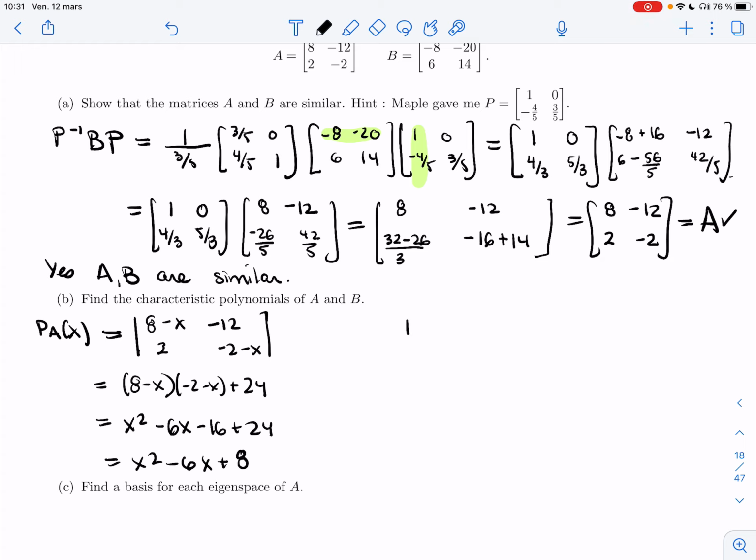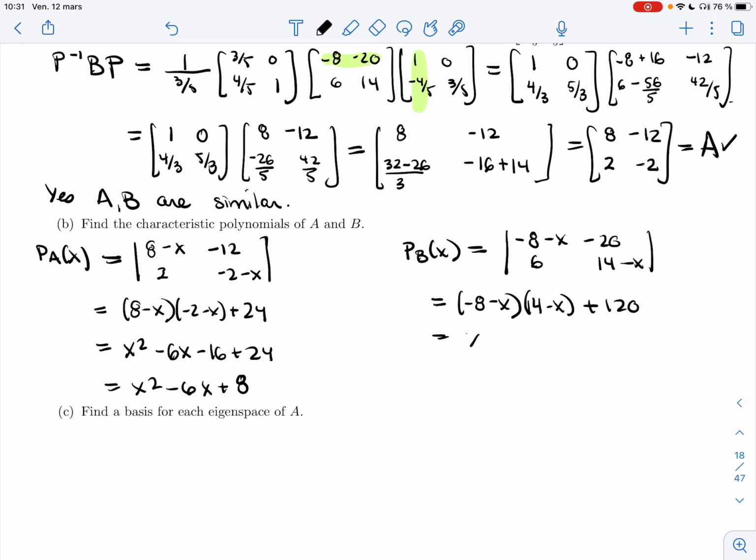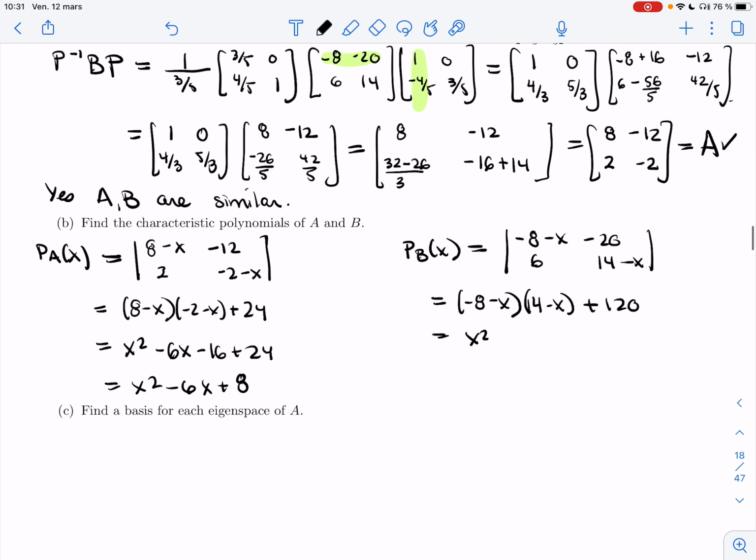All right, let's try the one for B. Don't hesitate to pause and try it for yourself. Then you can fast forward if you have the right answer. And so I get -8 minus x, 14 minus x plus 120. That gives me x squared, then minus 14 plus 8, minus 6x.